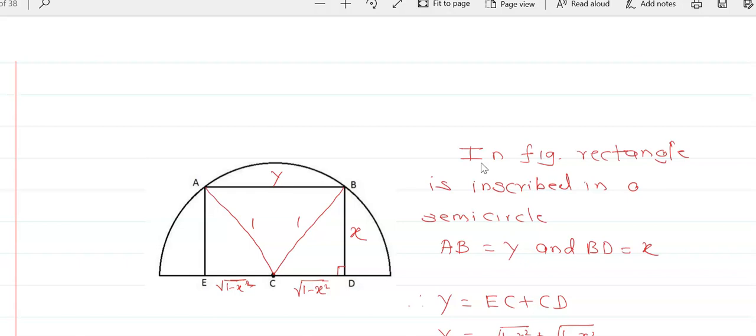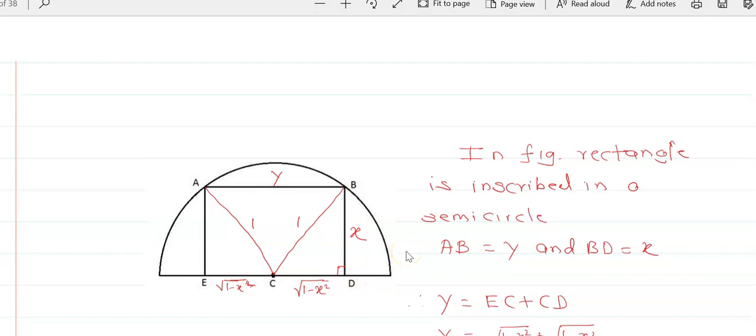Now, see this figure. In the figure, a rectangle is inscribed in a semicircle. AB = y and BD = x. This is the length of the rectangle and this is the breadth.